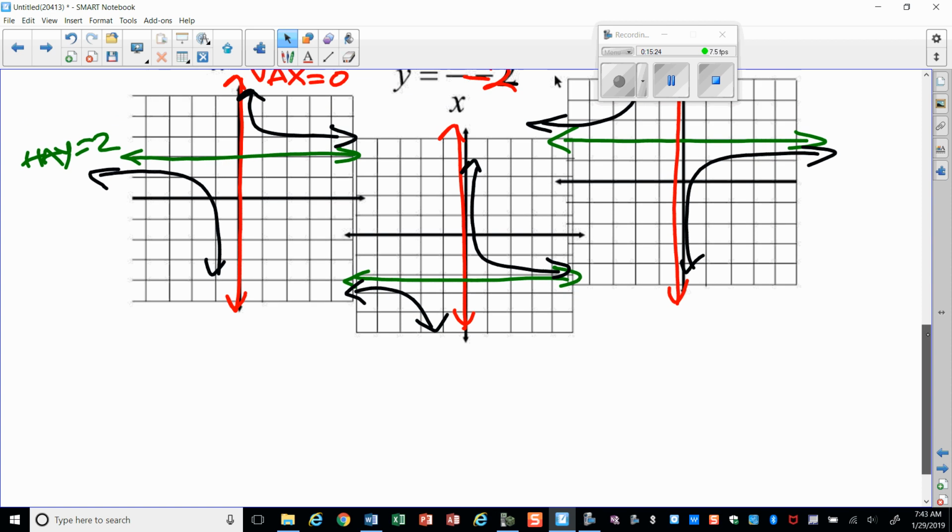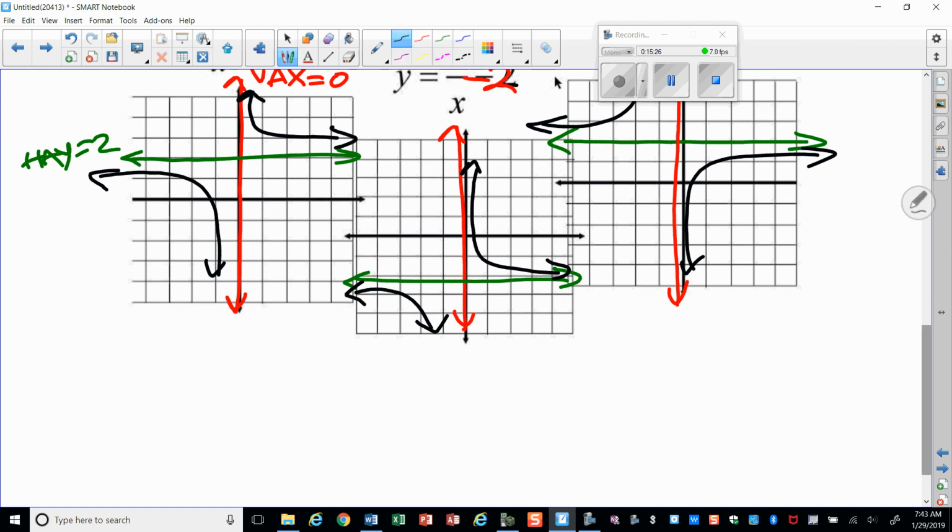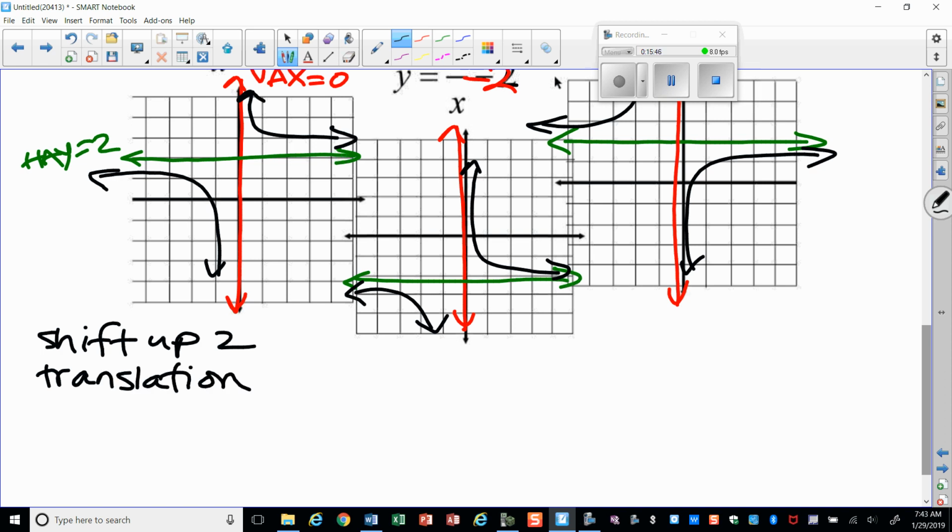So when you're writing out transformations, you would say this was a shift up 2, and that was it. Or you could also say that's a translation up 2.